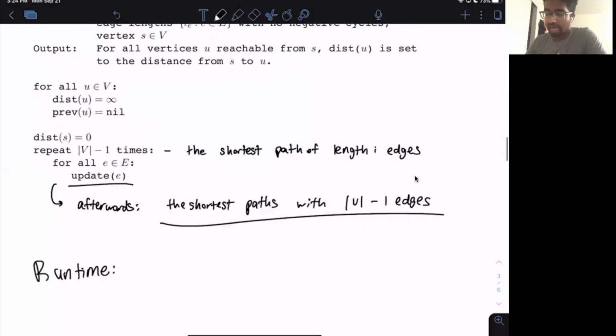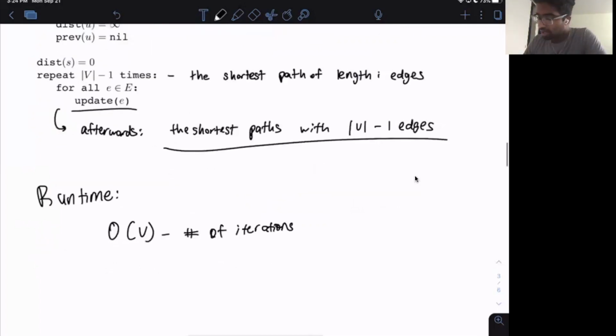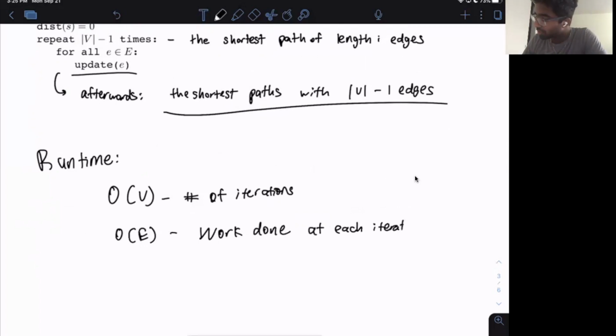And so looking at the runtime, we see that we have v minus 1 iterations, so we have O of V iterations. And in each iteration, what we do is iterate through all of the edges, so O of E is the work done at each iteration.